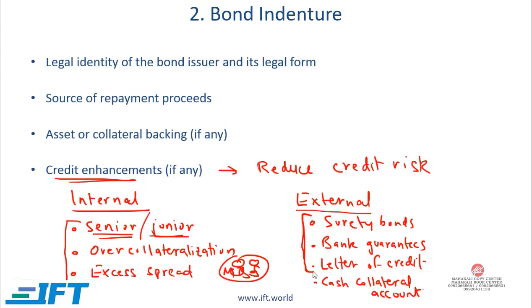But the risk here is that if the third party is downgraded for some reason, then that impacts the credit rating of the bond that has been issued. Another type of external credit enhancement is a cash collateral account where there is actual cash backing up the bond. So this is not impacted by any potential downgrade of the third party.